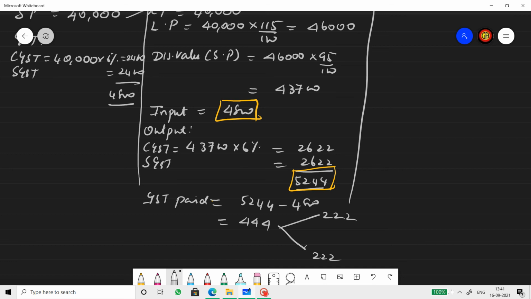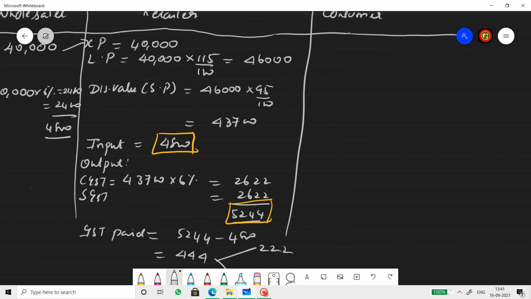Now let's see the consumer story. Consumer's cost price is the retailer's selling price. And what is retailer's selling price? This one, isn't it? So 43,700. The tax paid by the consumer is the tax collected by the retailer, which is 5244.